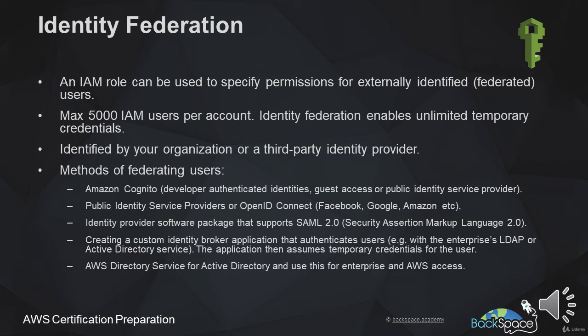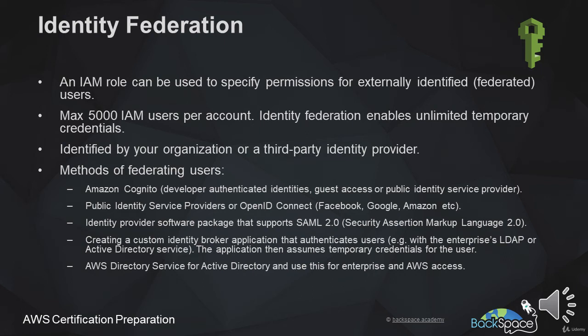and then we can grant temporary access for that user based upon that. We can also use an identity provider software package. For example, you might want to use Microsoft Active Directory, one that supports SAML2. You can use that to authenticate your users, and that will allow you to grant temporary access for those users.